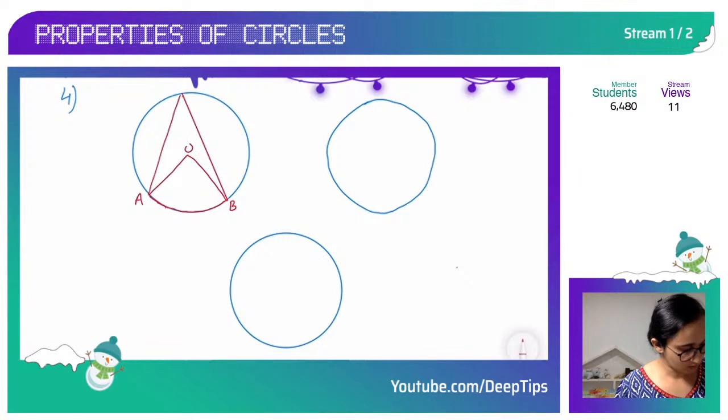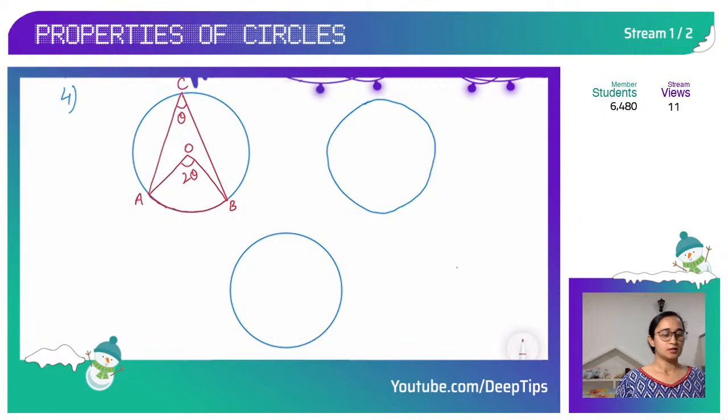So this is O, this is let's say C. If this is theta, then this will be 2 theta. What you were saying once, that if AOB is 20, ACB will be 10. So I have just assumed ACB as theta and AOB as 2 theta. This we have already learnt in the second theorem, right?